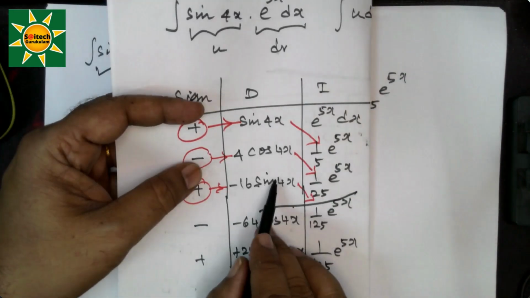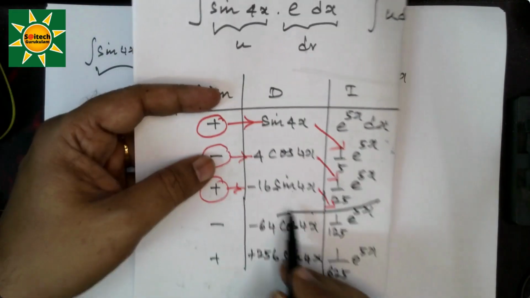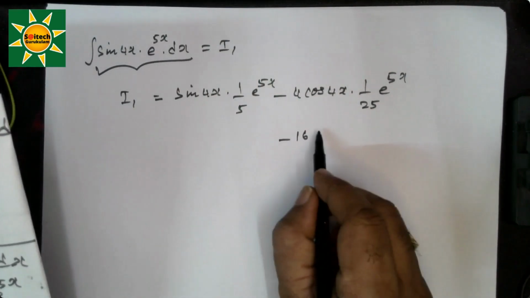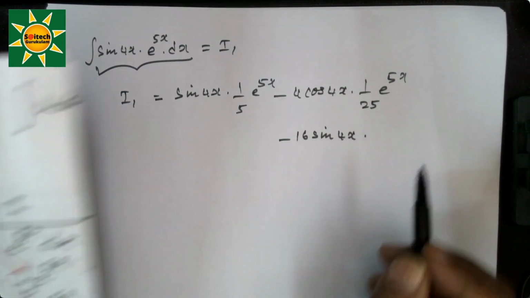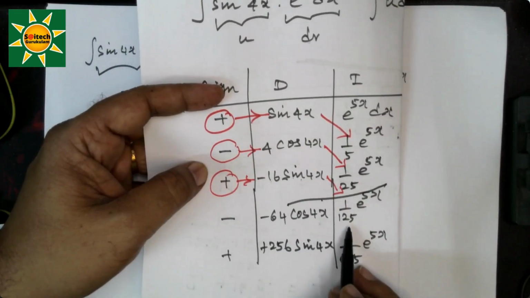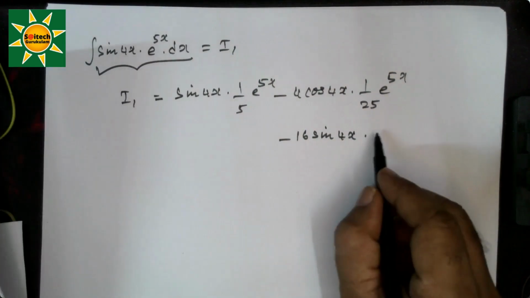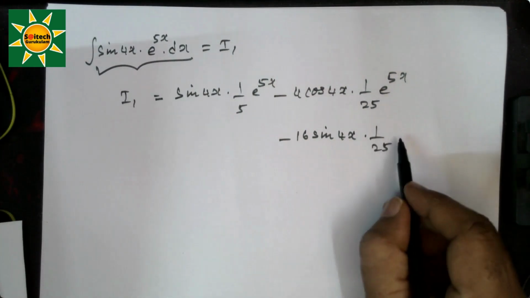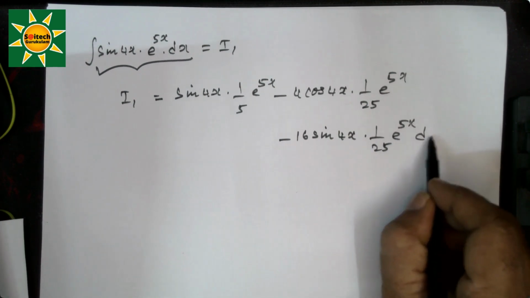So we should not go diagonally as we had done earlier. Therefore you can put minus 16 sine 4x into, and don't proceed with the 1 by 25, instead you stop here because we are going to retain this as integral only. So 1 by 25 e power 5x, put dx.